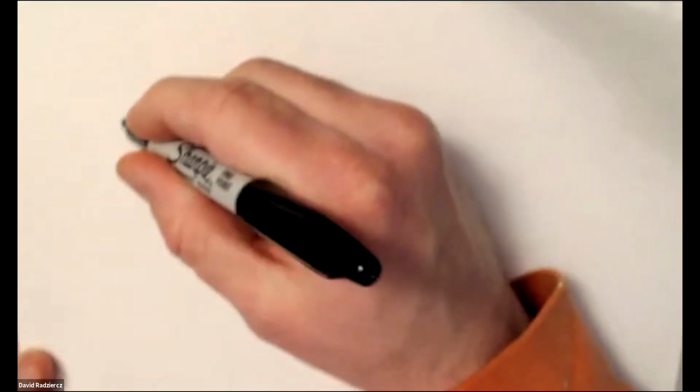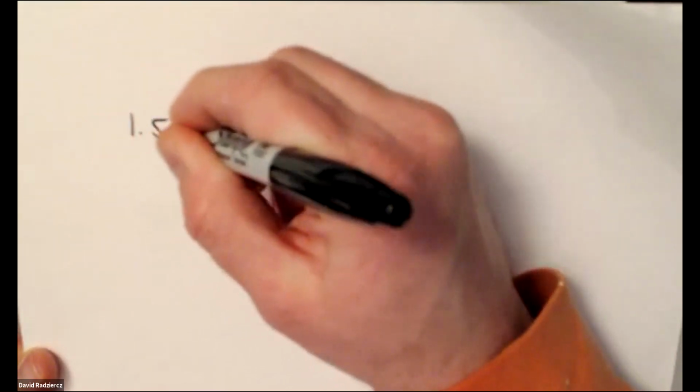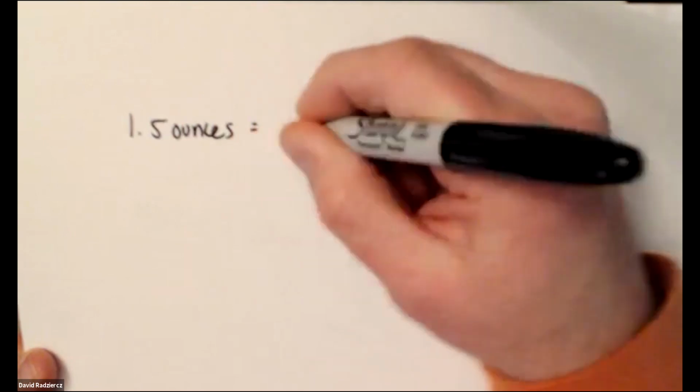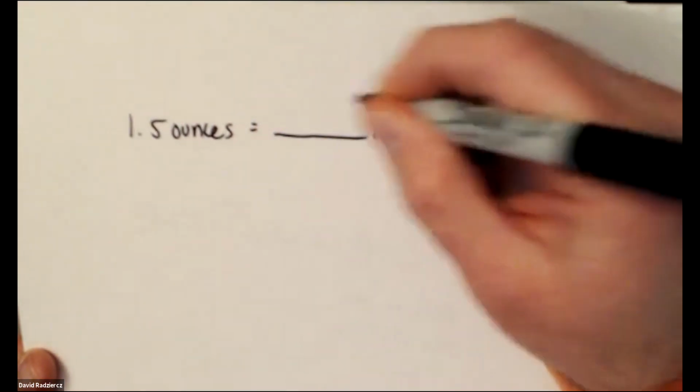All right. So the first question was, I want to go from 1.5 ounces to milliliters. And so I'm going to work that the same way I worked out the previous question. Okay. I'm going to take the 1.5 ounces. So they wrote out ounces, so I'll write out ounces. And then I want to know how many milliliters that is.